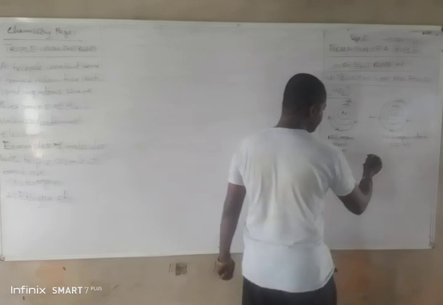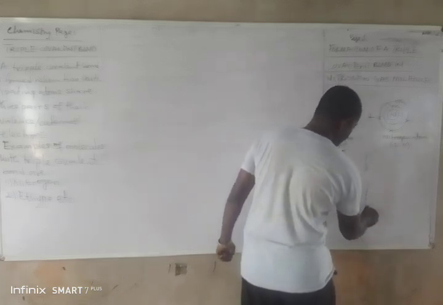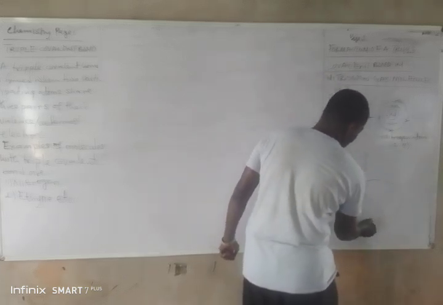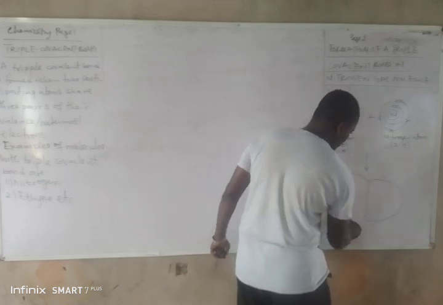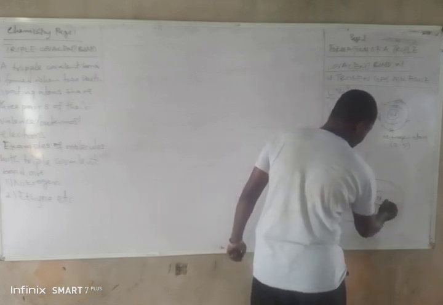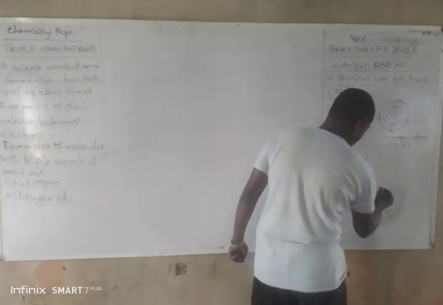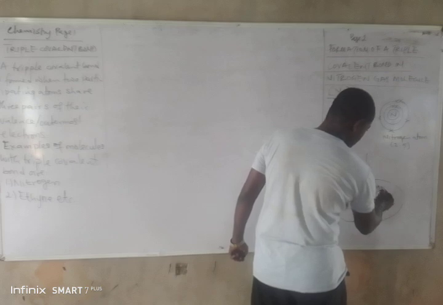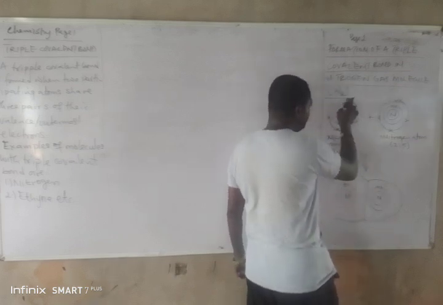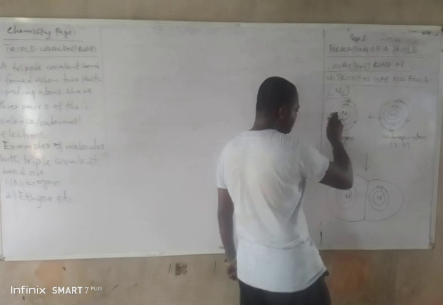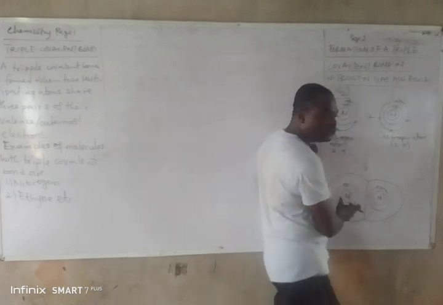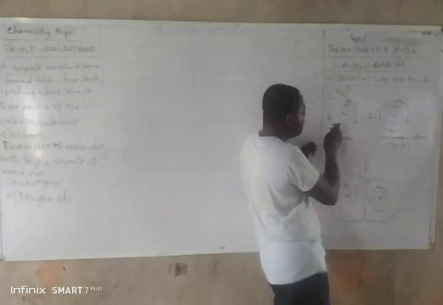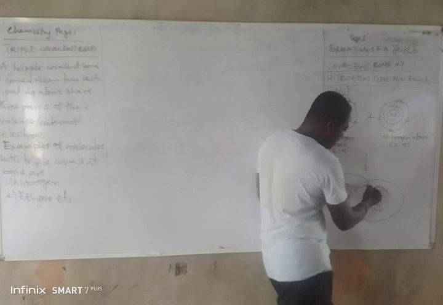If we now combine them, we are going to have this. Let's bring them together: nitrogen here, nitrogen here. This is 2, 1, 2, for these two. Then outside you have 5. For this one to form, out of the 5 it donates 3, 1, 2, 3.